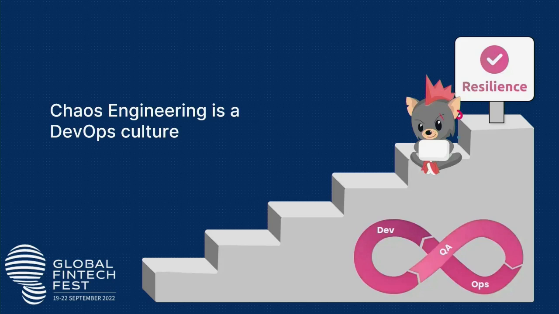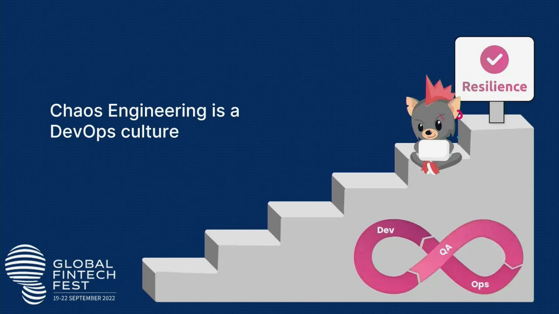There needs to be sponsorship from management that, okay, we have to get better, so let's look at the reality, let's start breaking things. So I will sponsor the investment to do chaos engineering. That is the cultural shift that's needed, and it happens in DevOps, step by step.